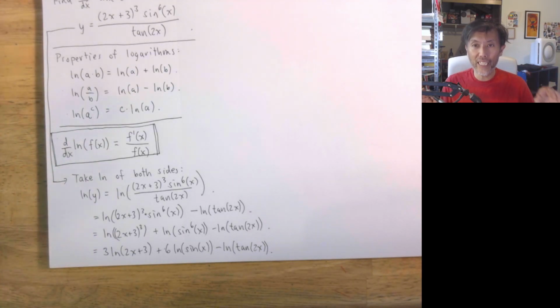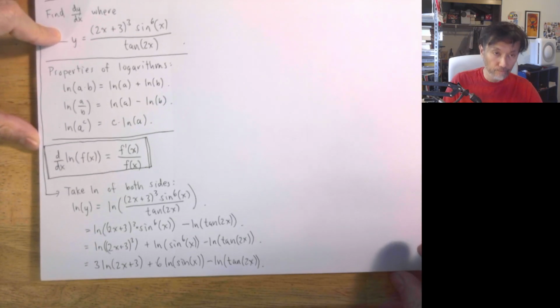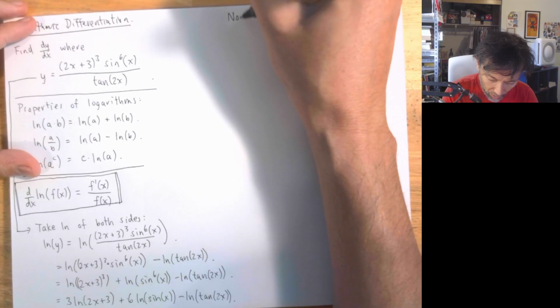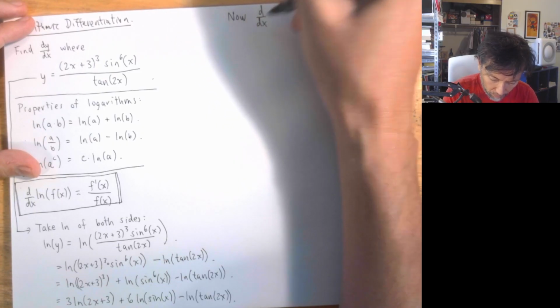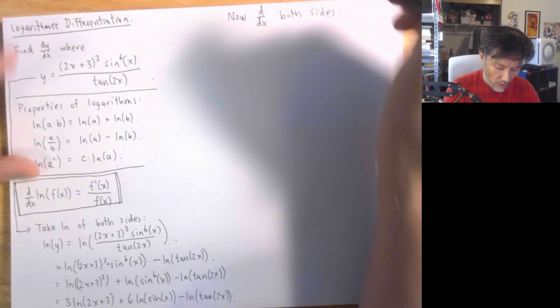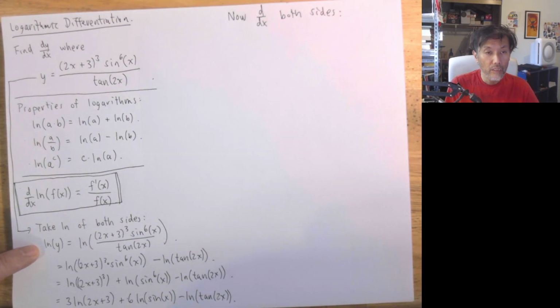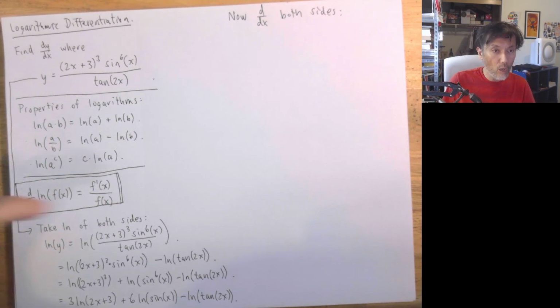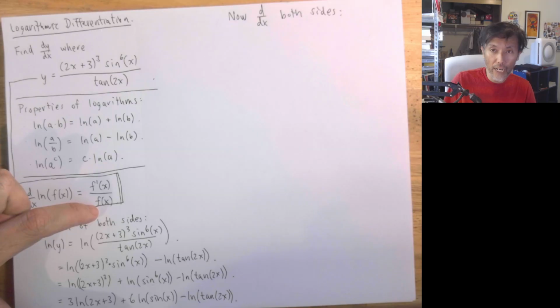Now I'm going to d/dx both sides. So now d/dx both sides. And what do I get on the left? What I get on the left is, by this rule, y prime divided by y.